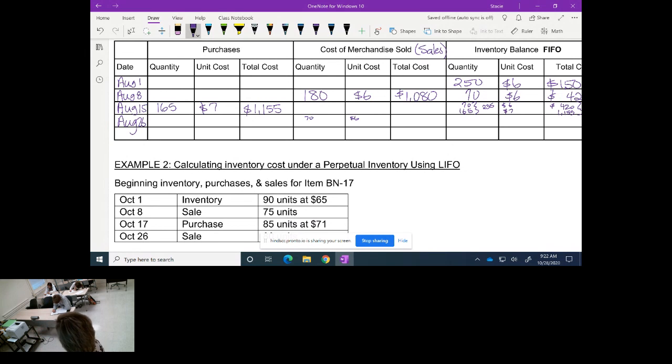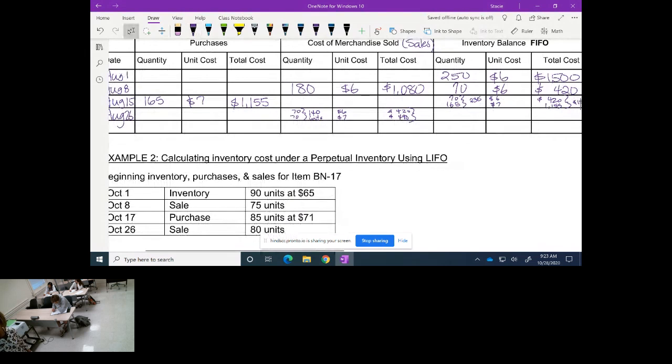How many does that leave me to cost out if I'm selling 140? 70 at $7. So your total being sold here is 140 units. Some of them are at $6, some at $7. So our total cost would be $420 plus $490, which adds up to $910. That's your cost.